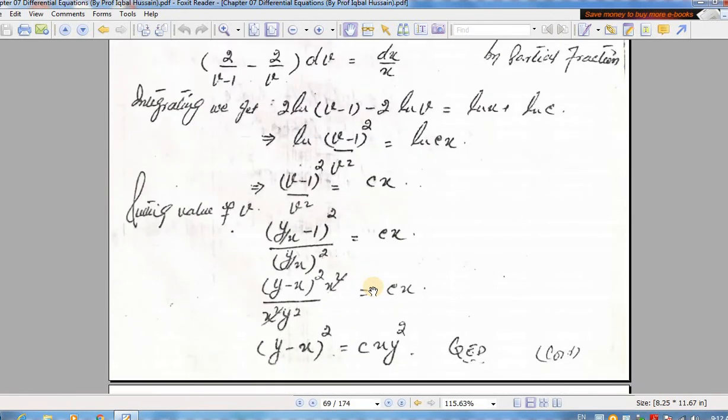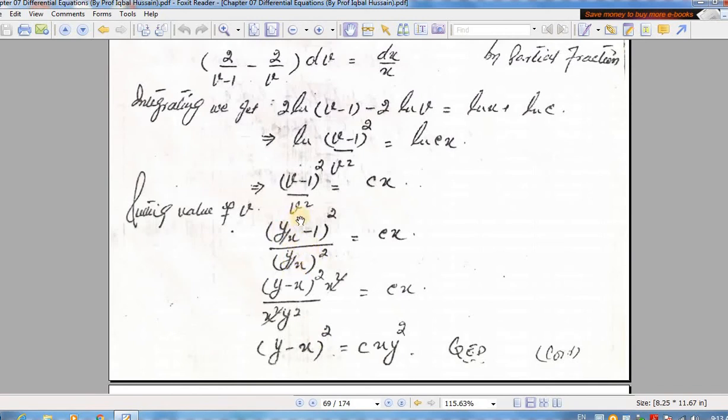Now replace v by its value and making simplification, we will get (y minus x) whole square divided by x square. Here we have y square divided by x square. So we will get (y minus x) whole square divided by y square.